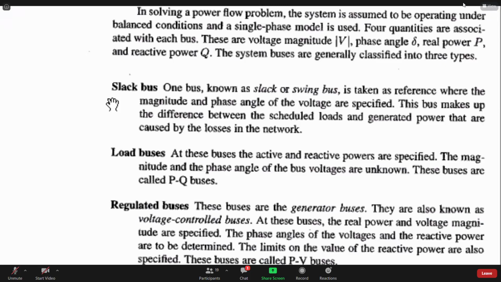The slack bus will have the voltage information and phase angle information, magnitude and phase angle. The slack bus is sometimes known as the swing bus or reference bus.